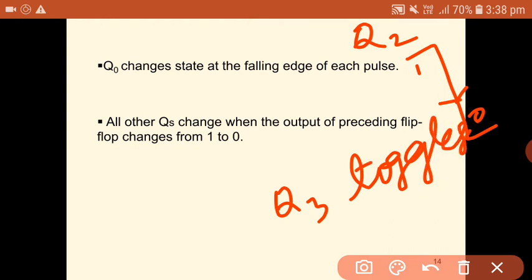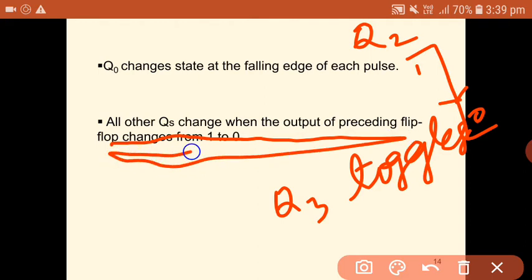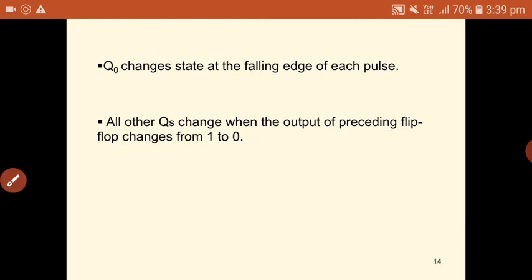So that is the meaning of the statement: all other outputs change when the output of the preceding flip flop changes from 1 to 0, because that preceding flip flop output which is changing from 1 to 0 is given as clock input to the next subsequent flip flop. That is nothing but a negative edge triggering clock.